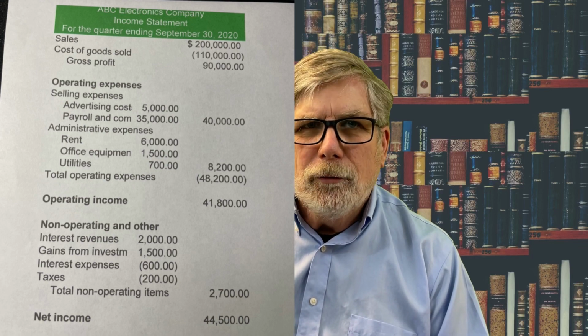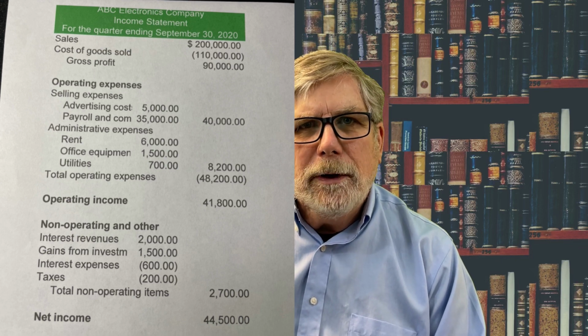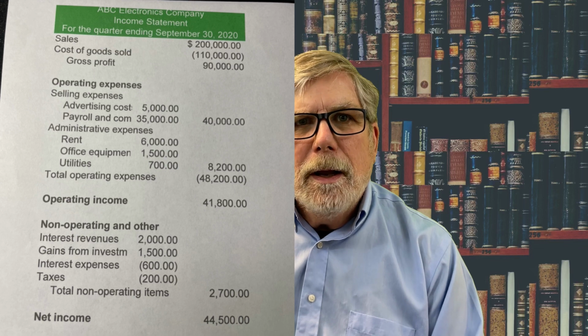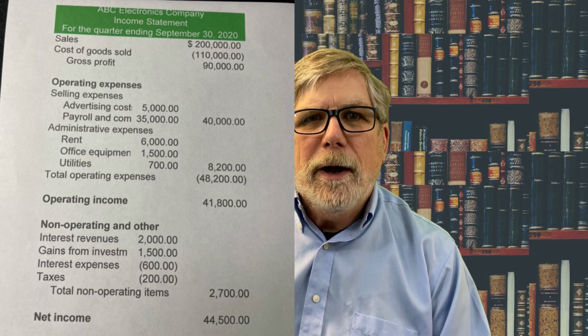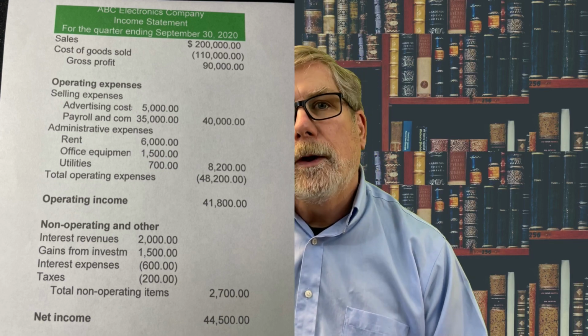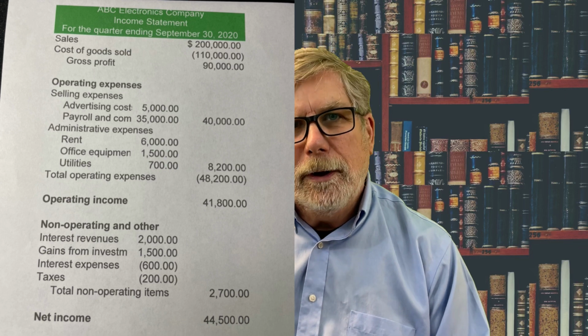Gross profit: the total sales minus the cost of goods sold equals gross profit. It is the profitability of the company's core operations before subtracting the ongoing expenses, which are the operating expenses.